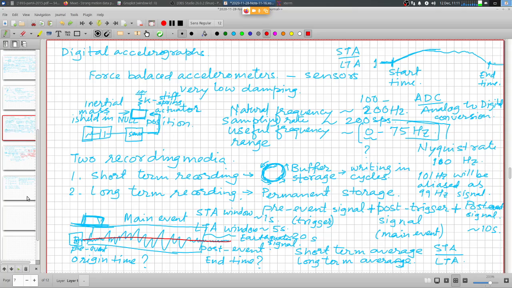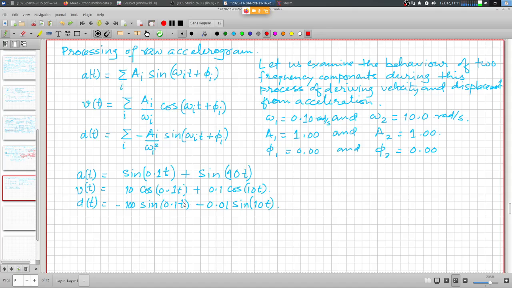We may still get more or less similar acceleration, but the displacement will be influenced dramatically. Right? So the implication of this is baseline adjustment will have dramatic effects, dramatic influence.